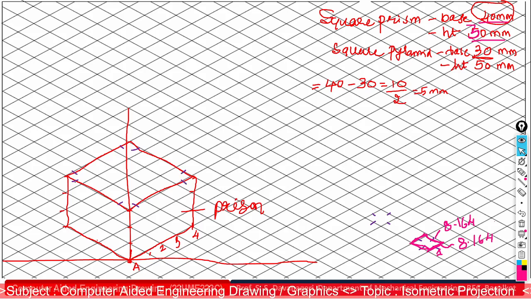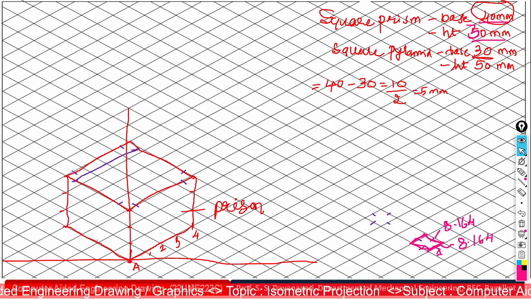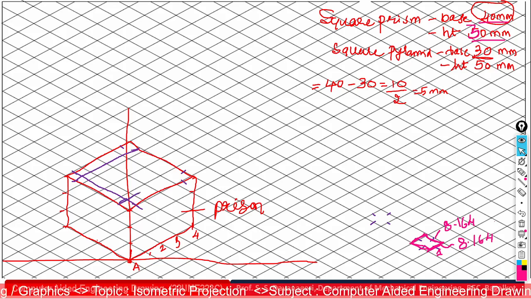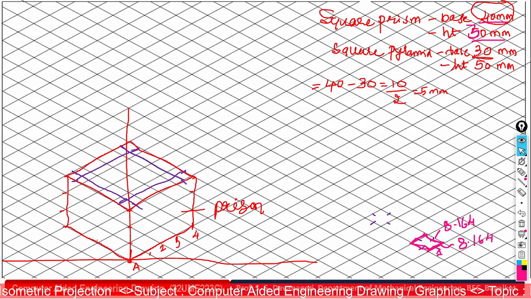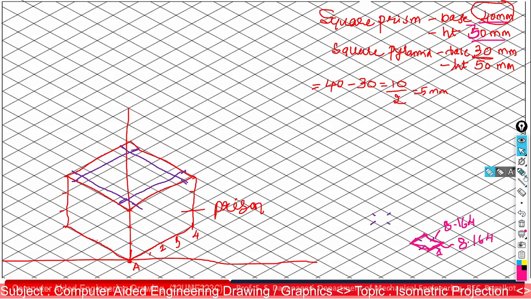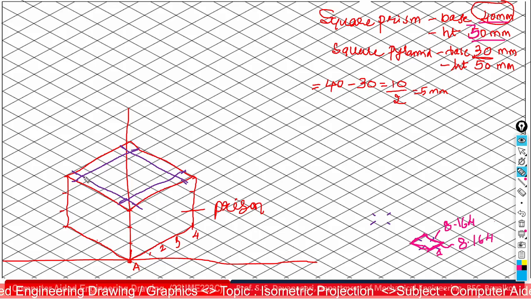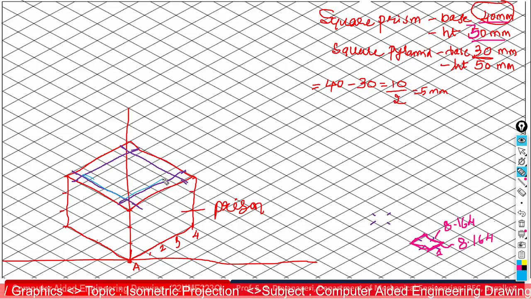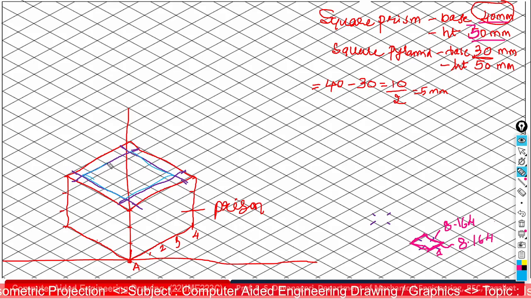Now you draw thin lines here, or else if you are perfect with the dimensions, you can start by connecting midpoints of the vertical line and horizontal line. Now you got the base for the pyramid.